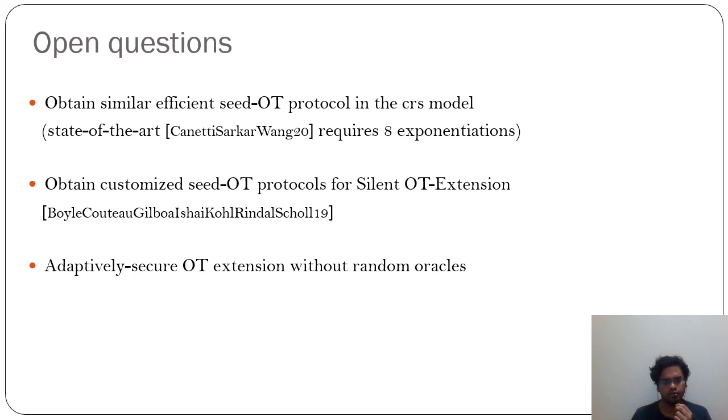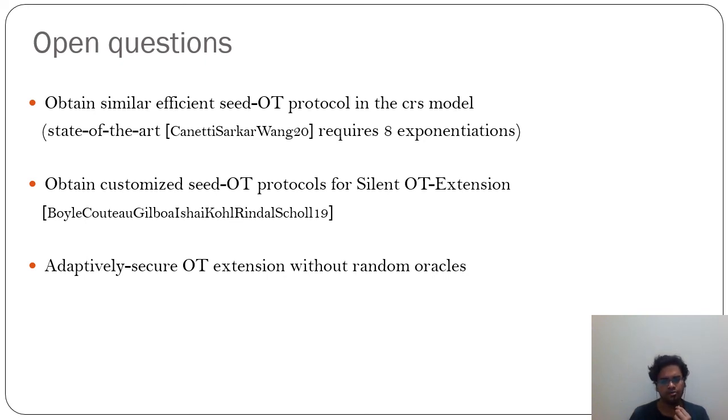Finally, I would like to end with some open questions. So we obtained efficient OT protocols in the random oracle model. So it would be interesting to obtain similar efficiency OT protocols in the CRS model. The currently best known COT protocols in the CRS model require 8 exponentiations, due to Canetti, Sarkar and Wang.